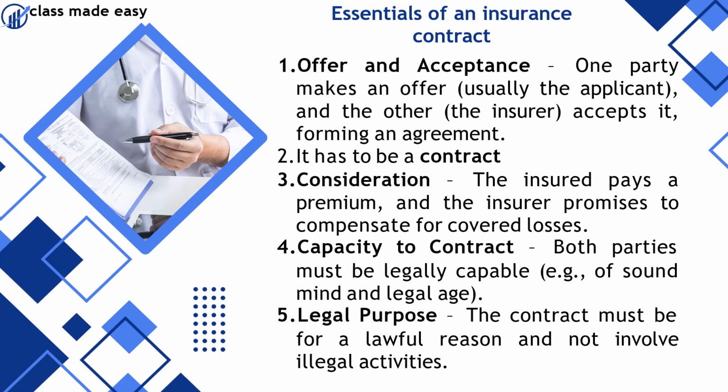Number 2, we also note that it has to be a contract, and we usually say a contract is a binding relationship between two parties, and these two parties are what you have just mentioned above. In the context of insurance, you, the applicant to be insured, and the insurer, which is the insurance company. Then number 3, very importantly, is that the insured pays a premium.